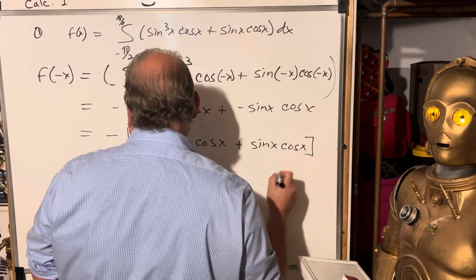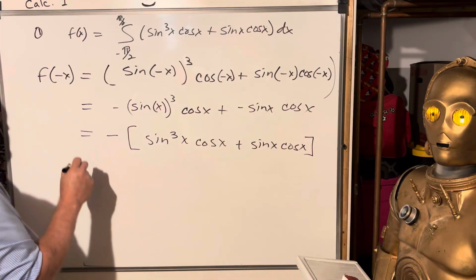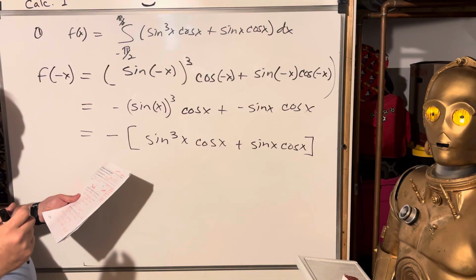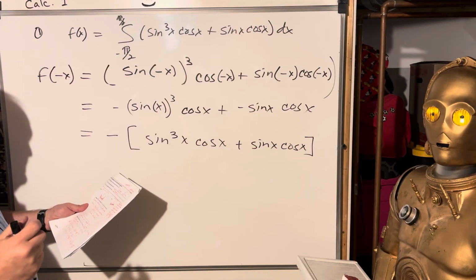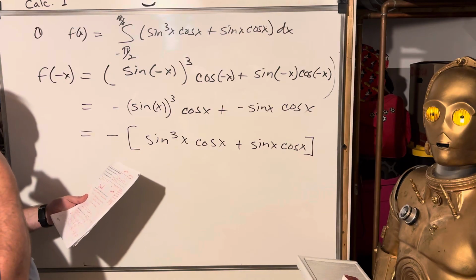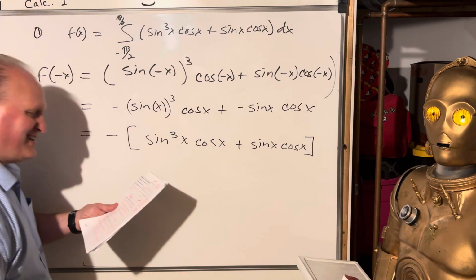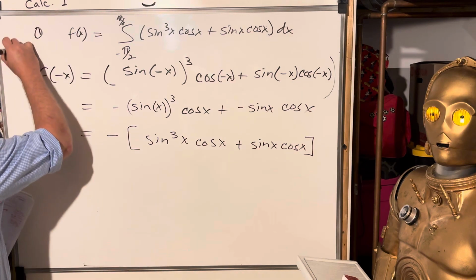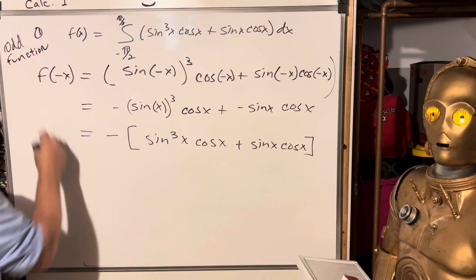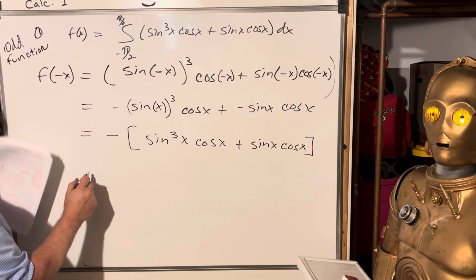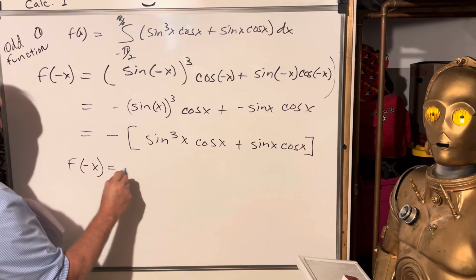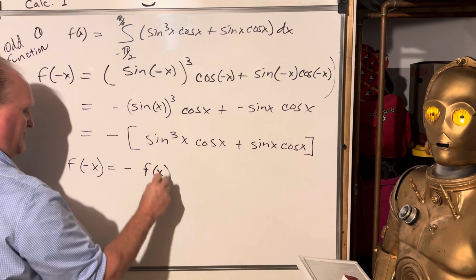So if we wanted confirmation that it is verified, theorem 5.16, that is an odd function because, or an even function rather. No, an odd function, oh goodness. This is an odd function, and we just verified it. Because we put in f of negative x, and it didn't kick out f of x, it kicked out the opposite of f of x.